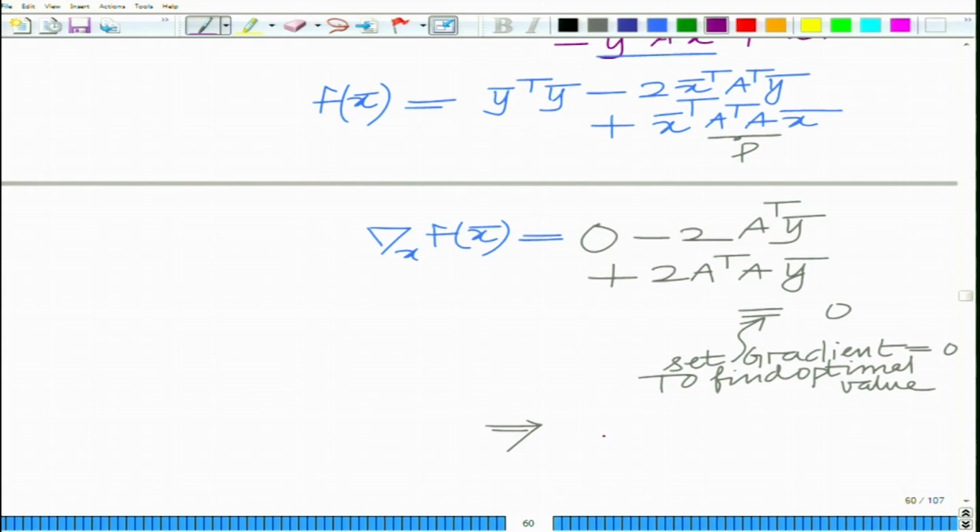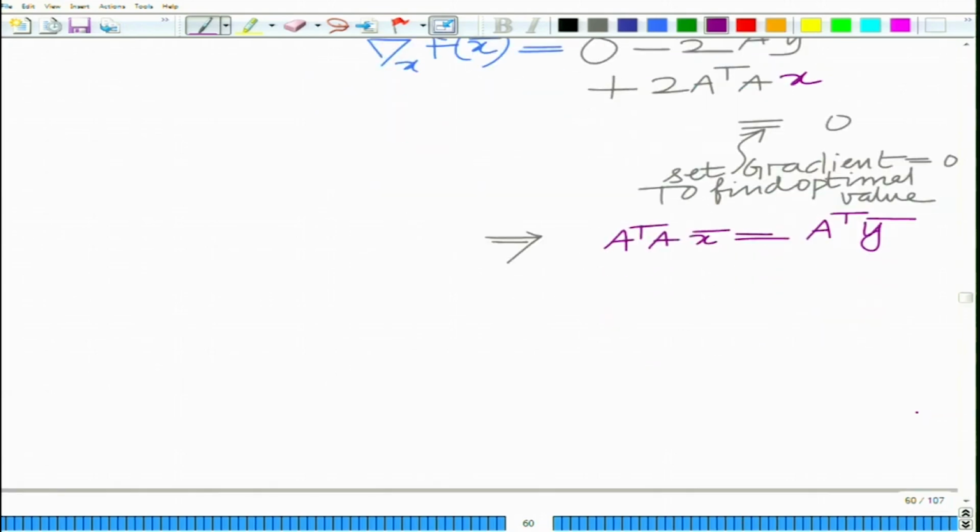So, what you get is A transpose A x bar equals A transpose y bar, and what this implies is basically you have x bar, or you can call it x hat, typically it is used in the context of estimation.